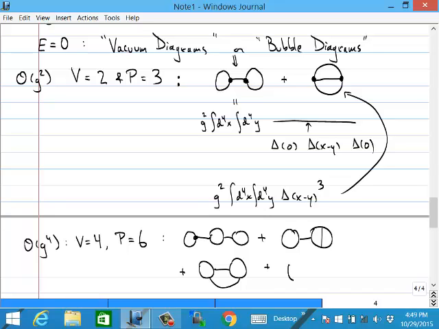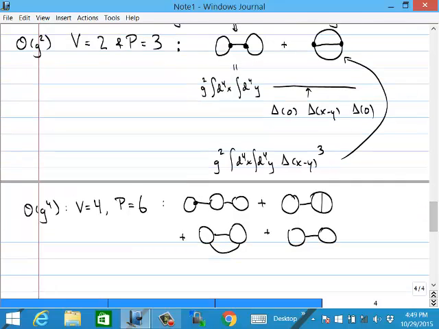There'll be another diagram that looks like this. And then finally, there'll be either the peace symbol or the Mercedes symbol. I never quite remember which it is. Did I miss any? Are there any other diagrams that will occur at order g to the 4th?